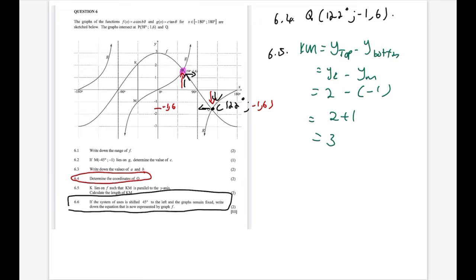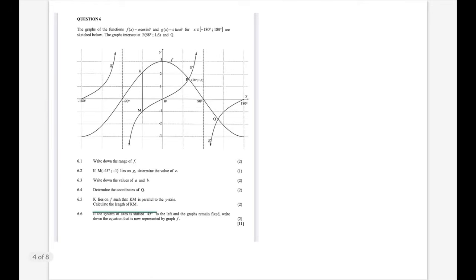Let's talk about this. Firstly, what is this question not saying? Last time we spoke about shifting graphs horizontally, and we said if f was shifted 45 degrees to the left, now, this is not what this question is saying.